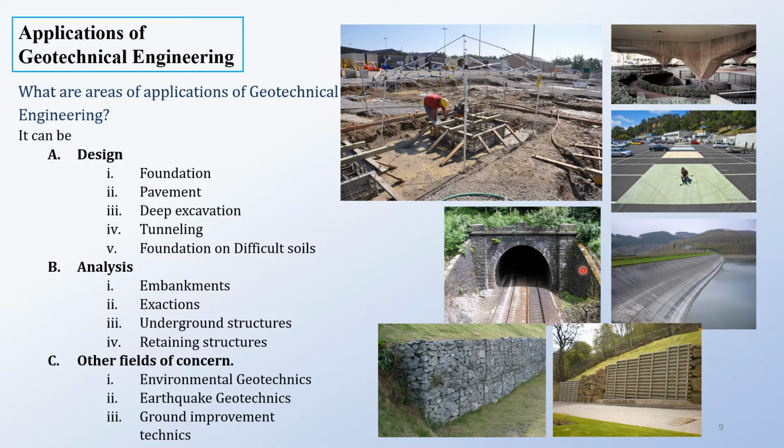Now analysis. Here, whenever there are road embankments, or if you take earthen dams, earthen embankments, this is a structure which is built with soil, which is an earthen dam, and the water is standing on the other side. So you should be able to analyze this slope and then find out how safe it is. What is the factor of safety of this?